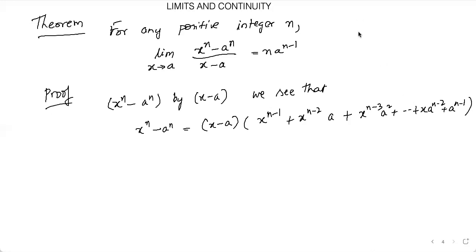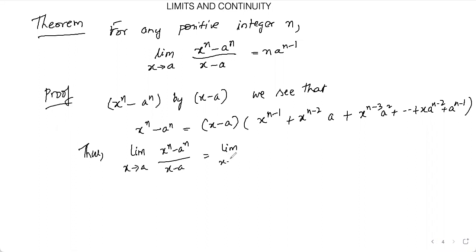So this limit x tends to a, x to the power of n minus a to the power of n by x minus a.